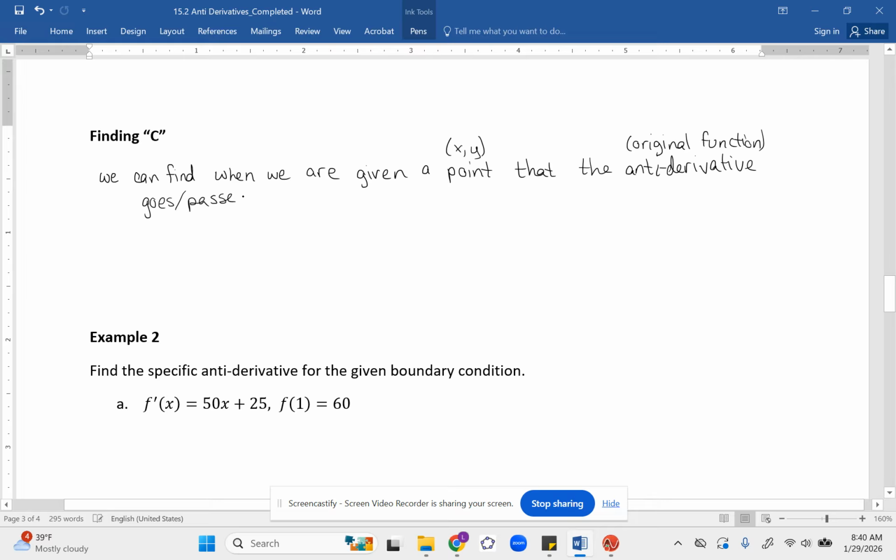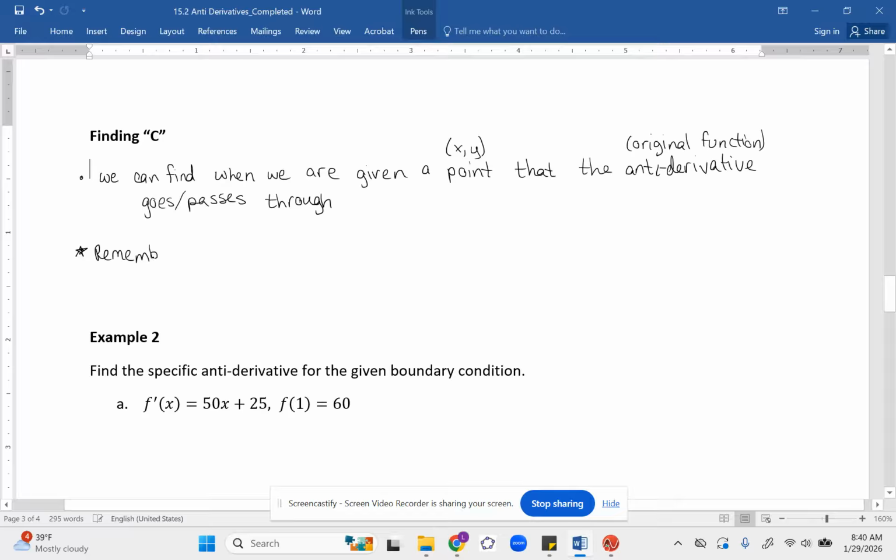The one thing that I want to highlight is there's a place in these problems where students often miss the last mark.